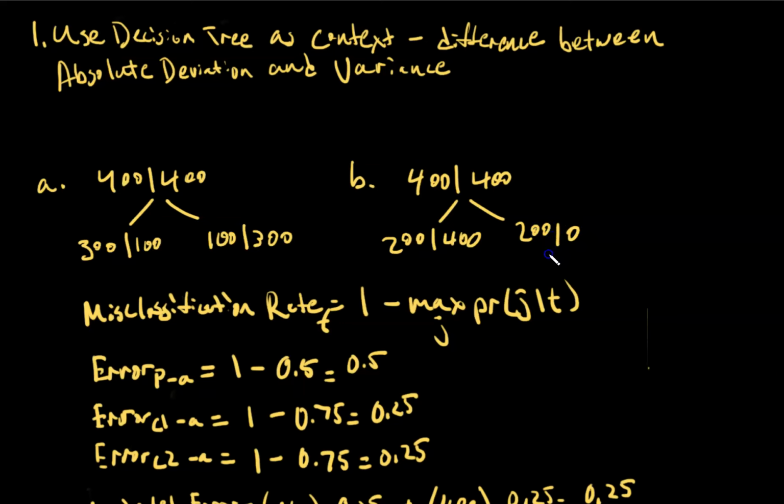Only one class, and we would like our error rate to reflect that we would prefer a tree where we have a pure node versus a tree that doesn't have a pure node. And it seems like this misclassification rate, if we are using this formula, won't be able to distinguish between these two trees to say that this should have a smaller error rate than this one.